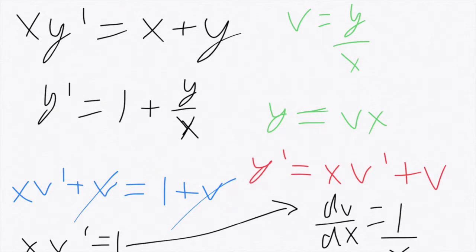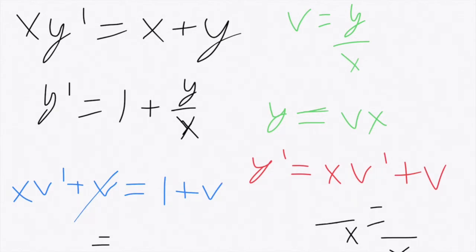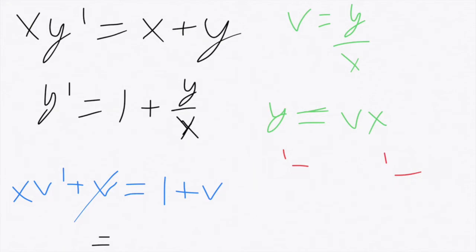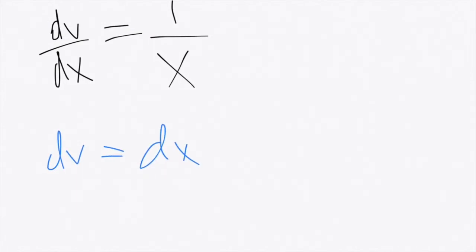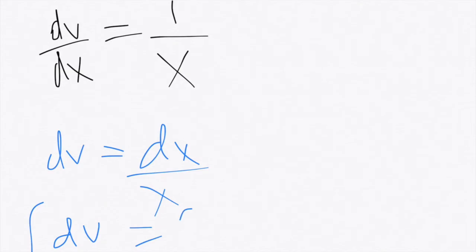So I'm going to clear this board real quick and we're going to integrate this expression. Our expression is dv/dx is equal to 1 over x. Separation of variables allows us to do dv is equal to dx over x. The integral of dv is equal to the integral of 1 over x with respect to x.